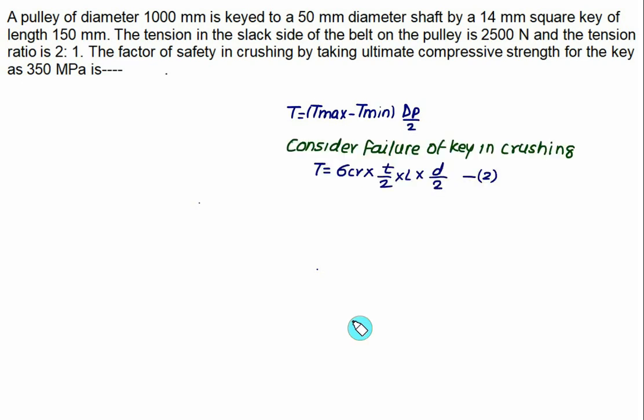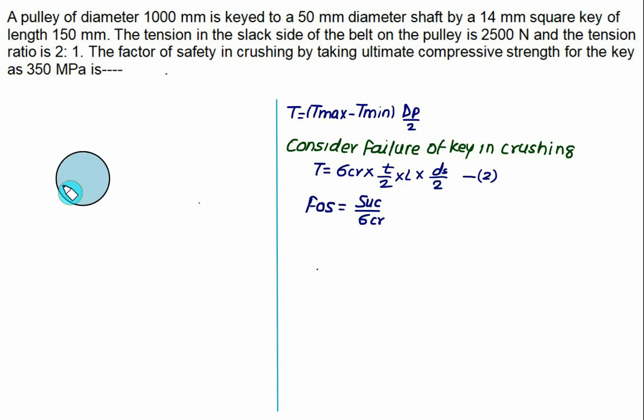Second equation we'll use: torque is equal to sigma CR multiplied by T by 2 multiplied by L multiplied by D by 2, that is diameter of the shaft, divided by 2. Once you calculate sigma CR, then we can calculate the factor of safety, that is FOS equal to ultimate compressive strength, SUC, divided by sigma CR. So these are the steps that we are going to use to solve the problem.